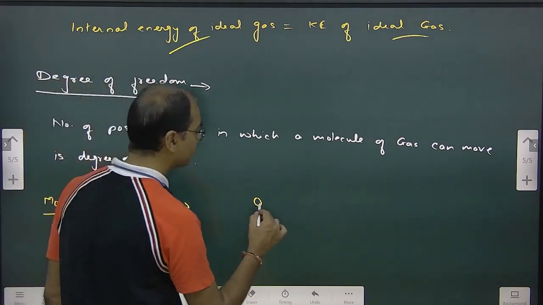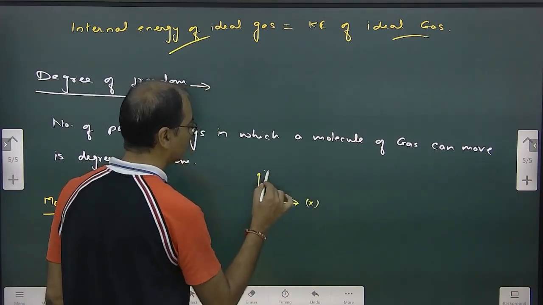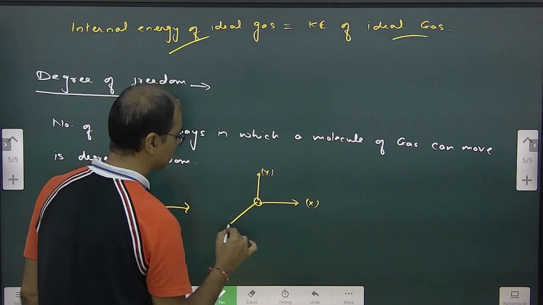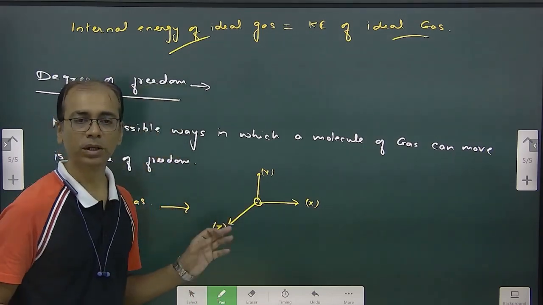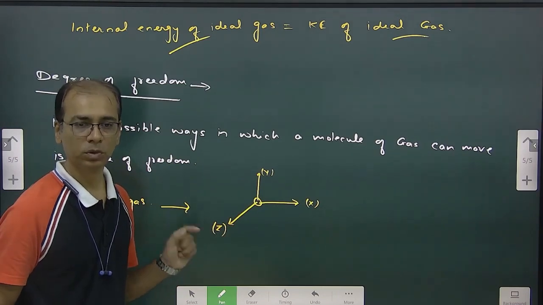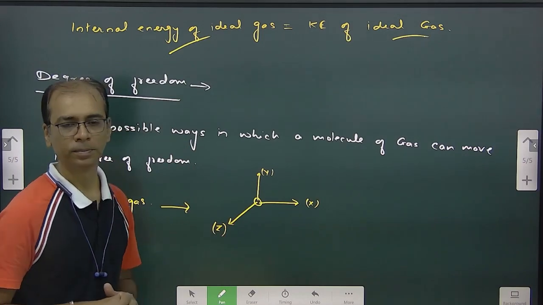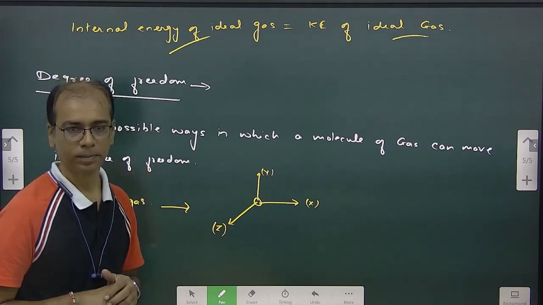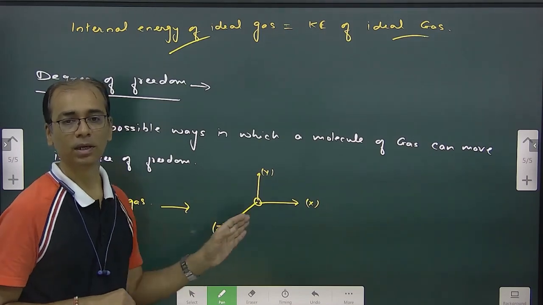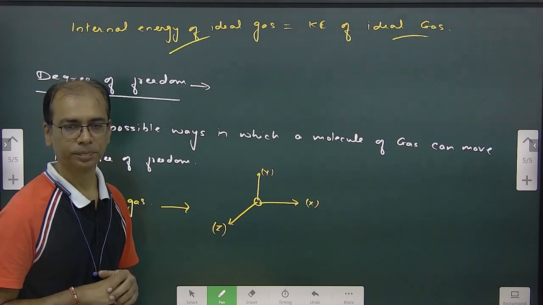It can run along the x-axis, along y also, and along z also. So it is doing translation: translation along x, along y, along z. So translation has 3 degrees of freedom, because along 3 axes it can move easily.